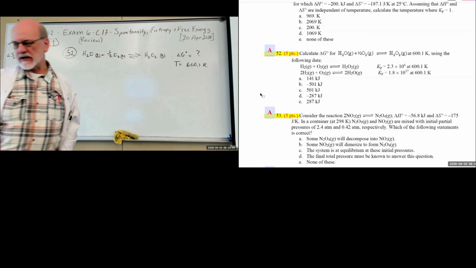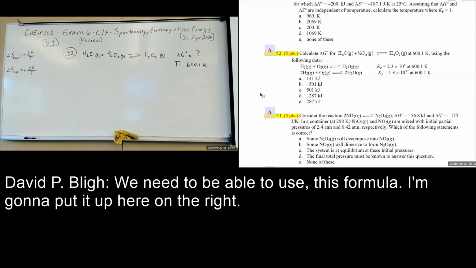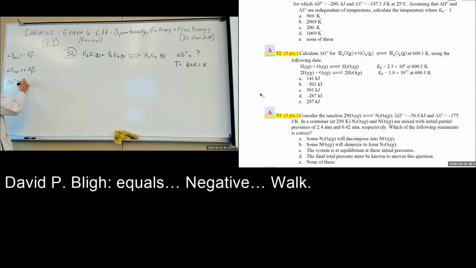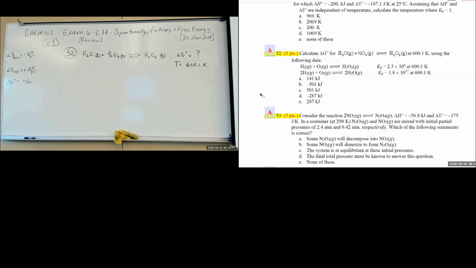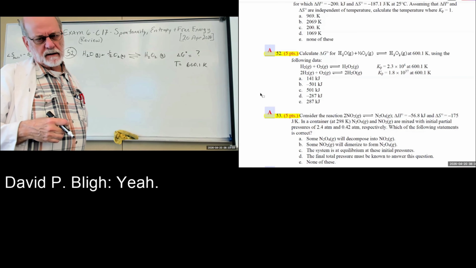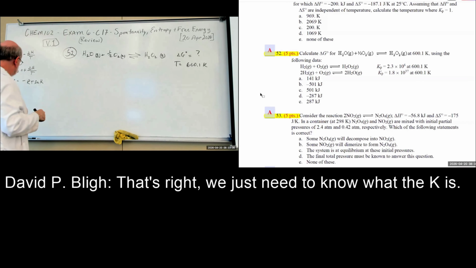So how are we going to get delta G? We need to be able to use this formula, which I'm going to put up here on the right: delta G equals negative RT log K. That's right.